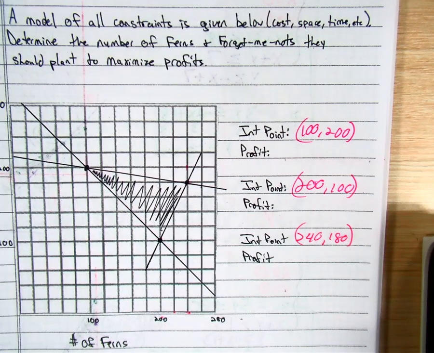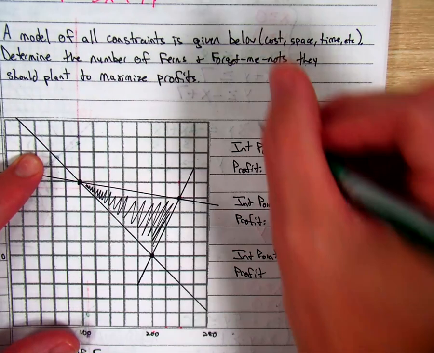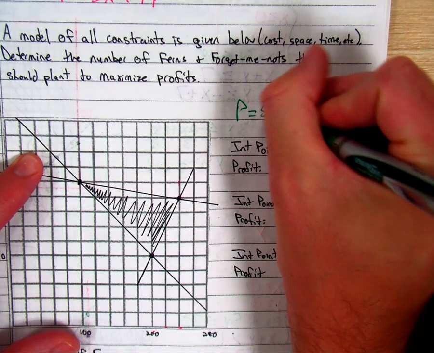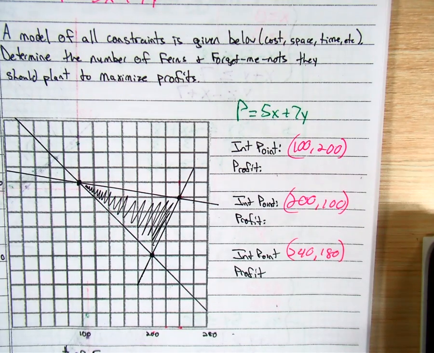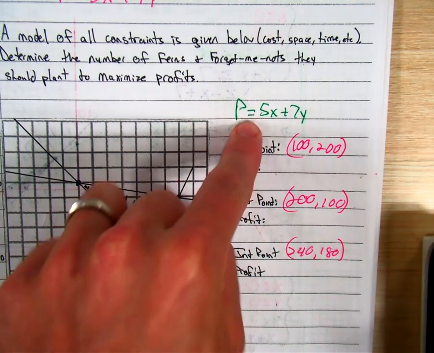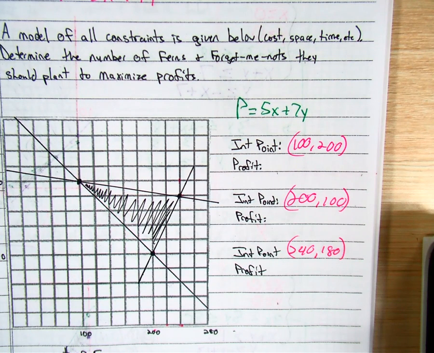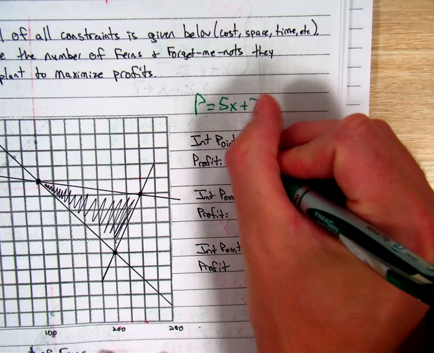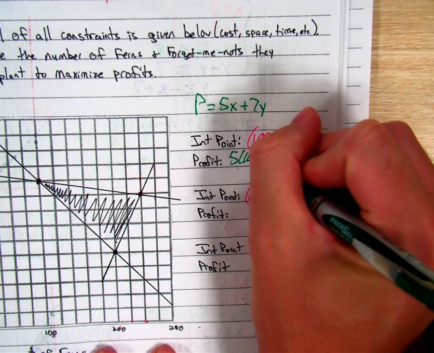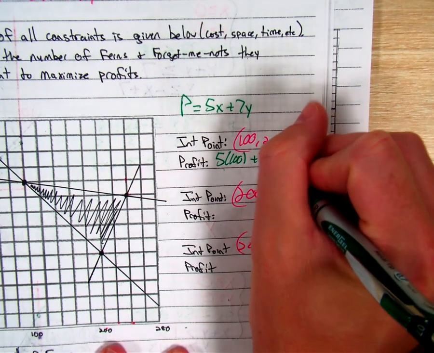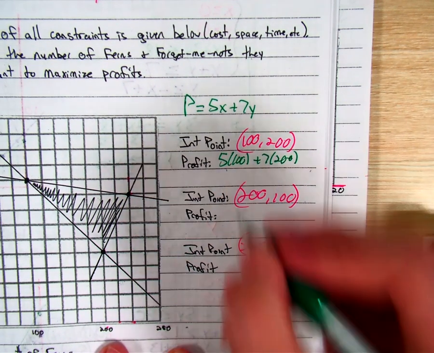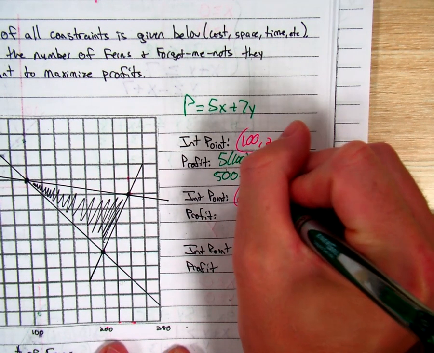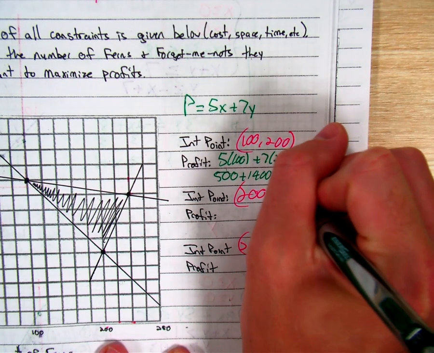Okay? Now don't forget our profit equation from up above. Now we're going to put those corners into our profit equation and see which one gives us the most. So we got 5 times 100 plus 7 times 200. That's going to be $500, $1,400.